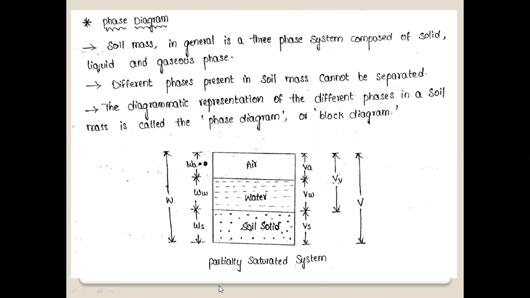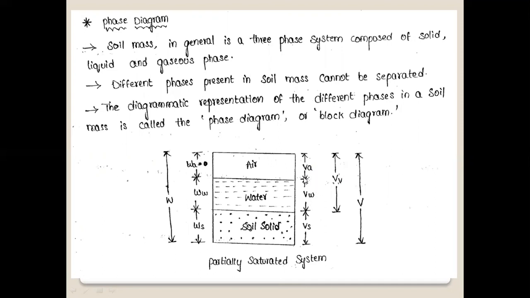Here is a partially saturated system. The total volume is divided into different portions: solids, water, and air. The solid portion volume is the volume of solids, indicated Vs; the water portion is Vw, the volume of water; and the air portion is Va, the volume of air.